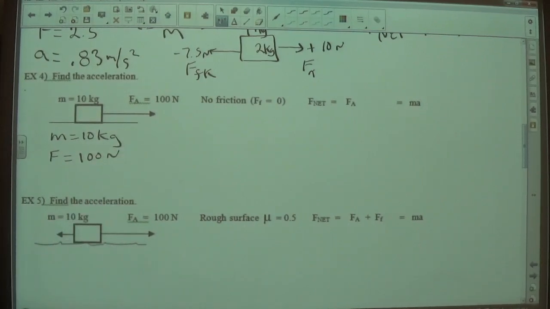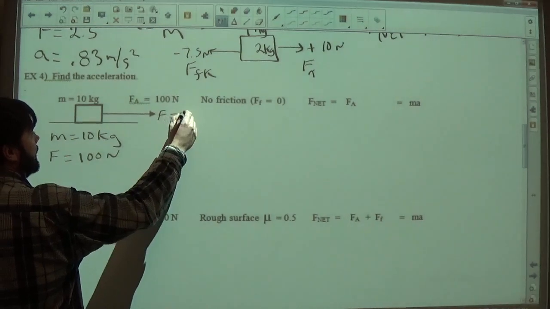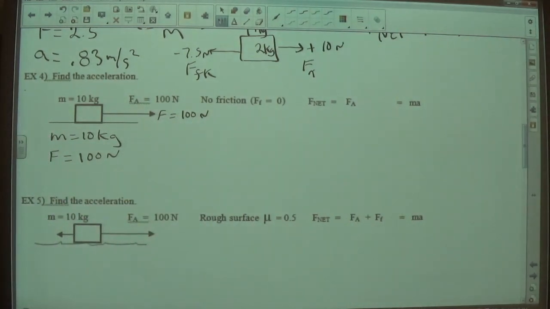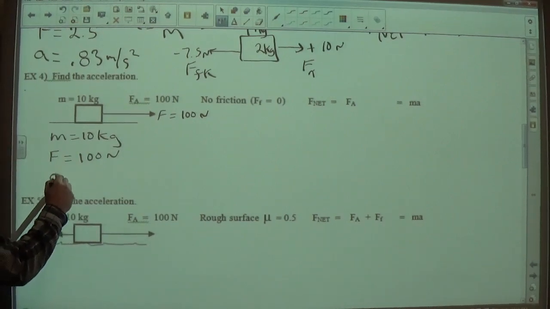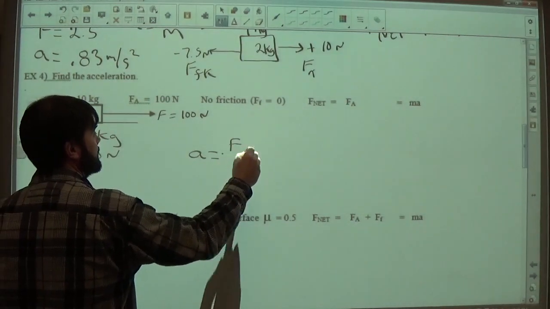And if there is no friction, we don't really have to worry about anything else, because the force applied this way is the only force that's there. Now this is not typical for most real world scenarios, because there normally would be some frictional force going this way, but in this situation there is not.